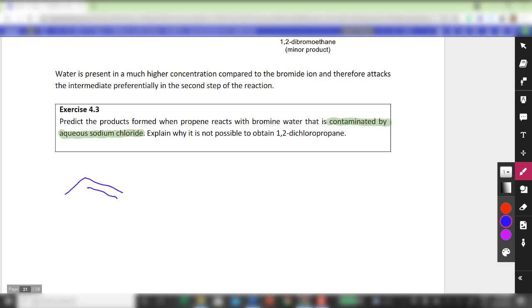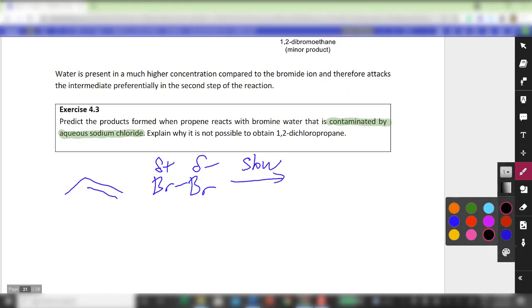First of all, I hope we are on the same page. We should be able to appreciate that the first step must involve the electrophilic addition of bromine. It can only involve bromine because bromine is the electrophile. So this is the slow step, which is the first step.